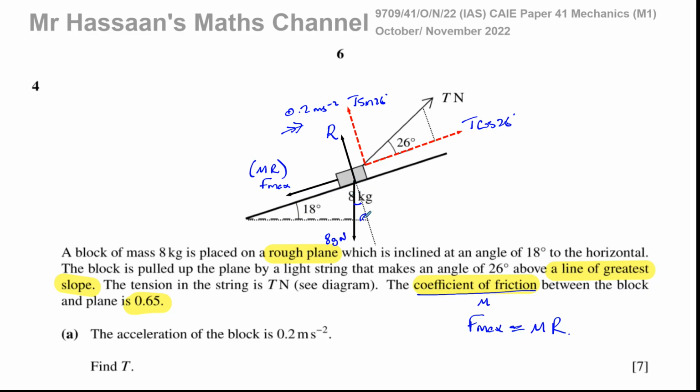If two of the angles are the same, the third must be the same as well. So if this is 18 degrees, then this must also be 18 degrees. That's why the angle is 18 degrees, and that's a little explanation to help you understand.